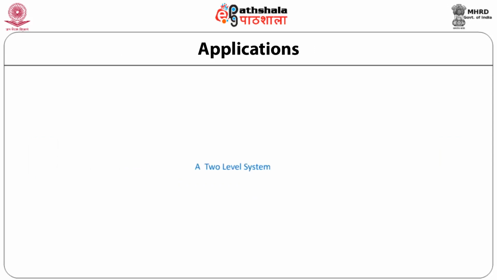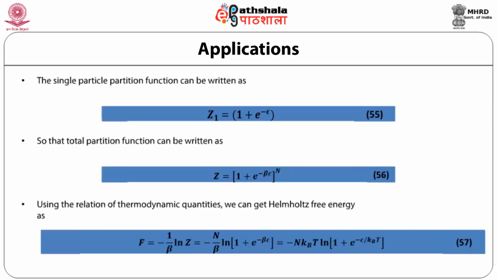Applications: a two-level system. The single particle partition function can be written as Z_1 equal to e raised to the power 0, that is 1, plus e raised to the power minus βε, so that the total partition function can be written as Z equal to (1 plus e raised to the power minus βε) whole raised to the power N. Using the relation of thermodynamic quantities, we can get the Helmholtz free energy as F equal to minus 1 upon β log Z, which is equal to minus N upon β log of (1 plus e raised to the power minus βε), which is equal to minus N k_B T log of (1 plus e raised to the power minus ε upon k_B T).